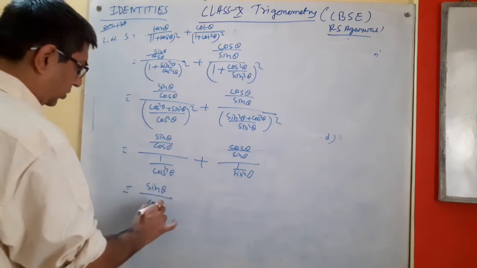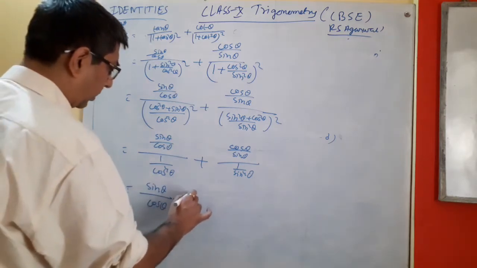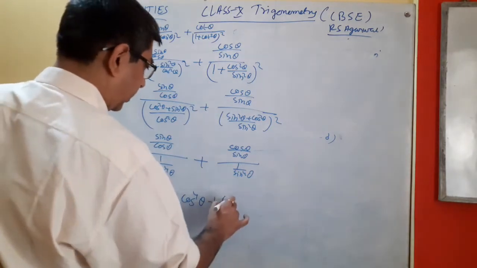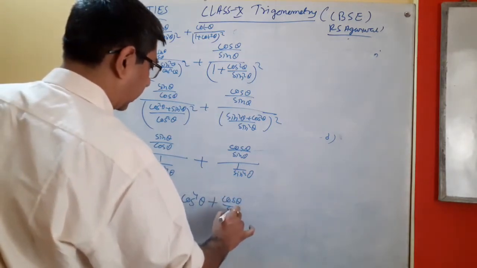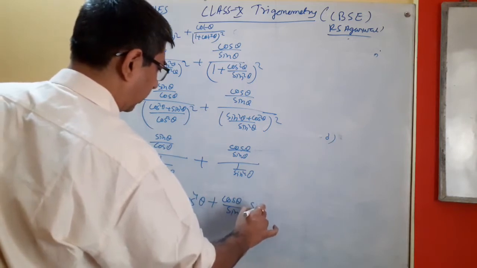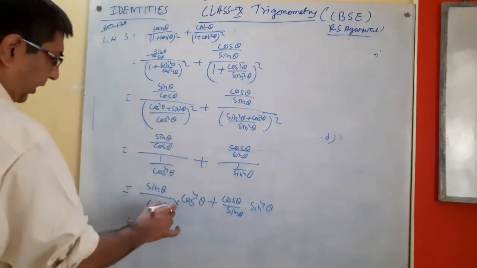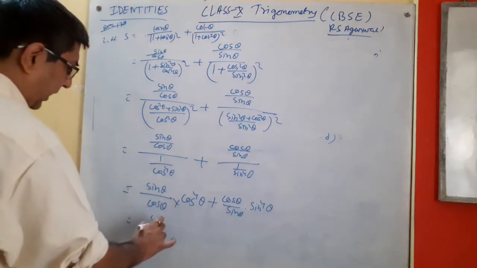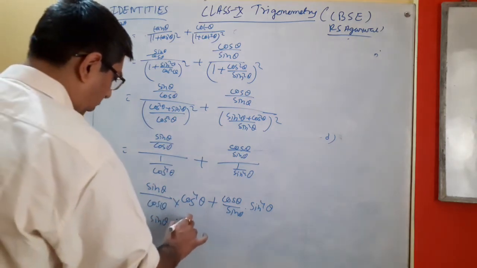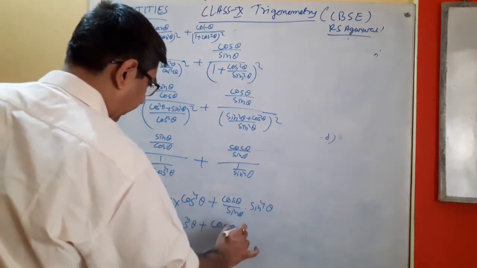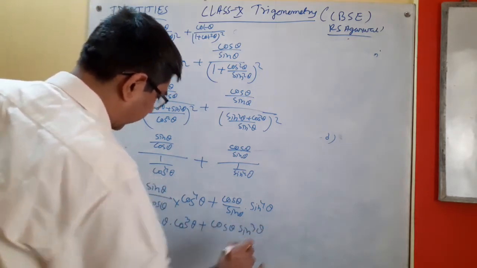Sin theta by cos theta into cos to the power 4 theta, plus cos theta by sin theta into sin to the power 4 theta, right? So what we are getting, this one cancels. So sin theta into cos cube theta plus cos theta into sin cube theta we are getting.